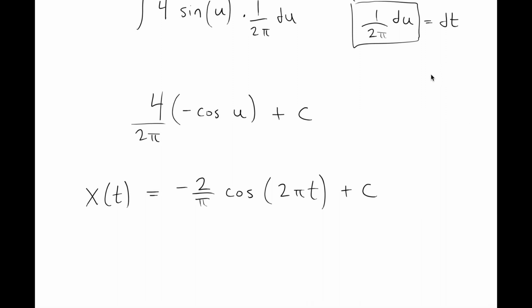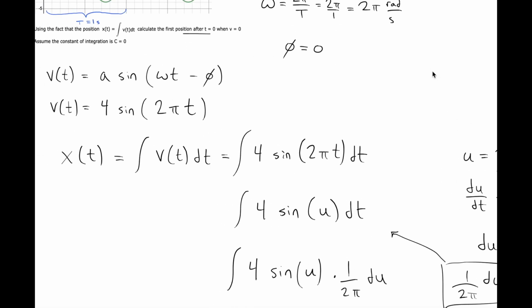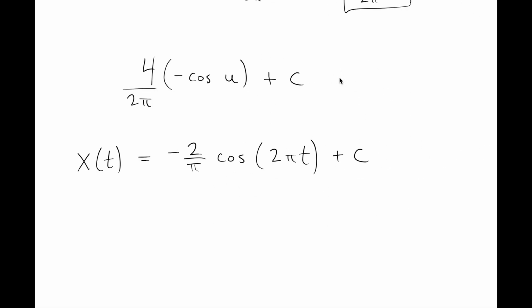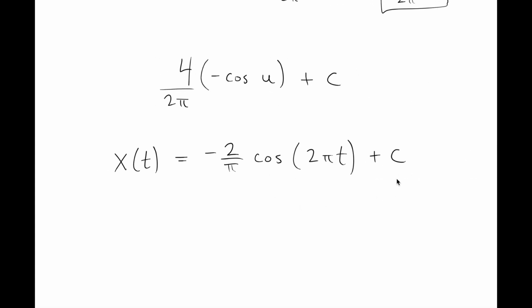And that gives us our position function. And the question says to just let the constant of integration be 0. So there won't be any vertical shift of the function. It'll be centered around the time axis.